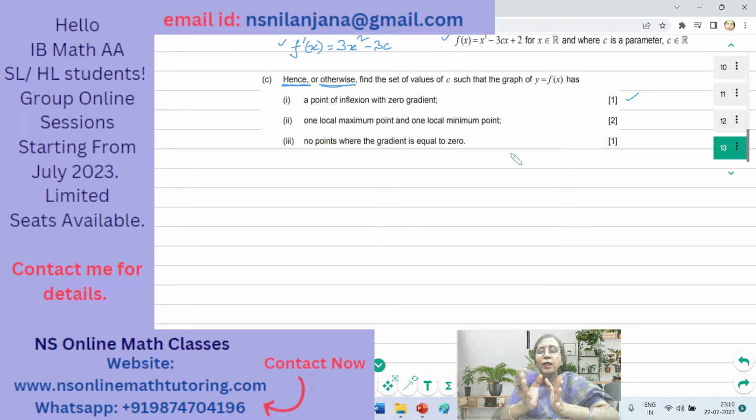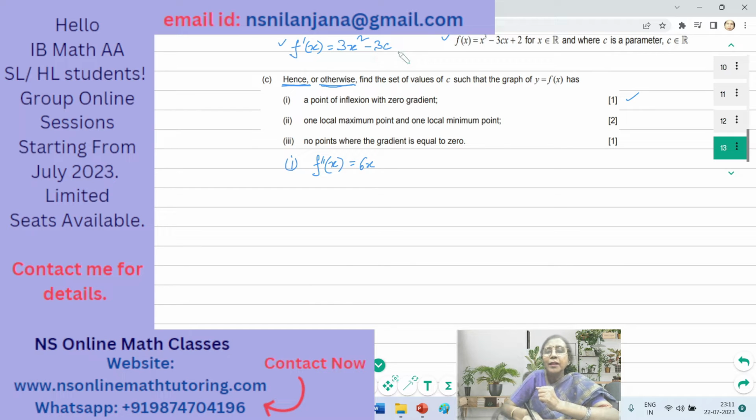let us first of all find the x values where the second derivative is equal to 0. Okay. So for that we have to find the expression for the second derivative. So we start answering the subpart I of subpart C. We get the second derivative expression by differentiating the first derivative, that is f dash x. 3x squared when differentiated with respect to x will be giving us 6x.